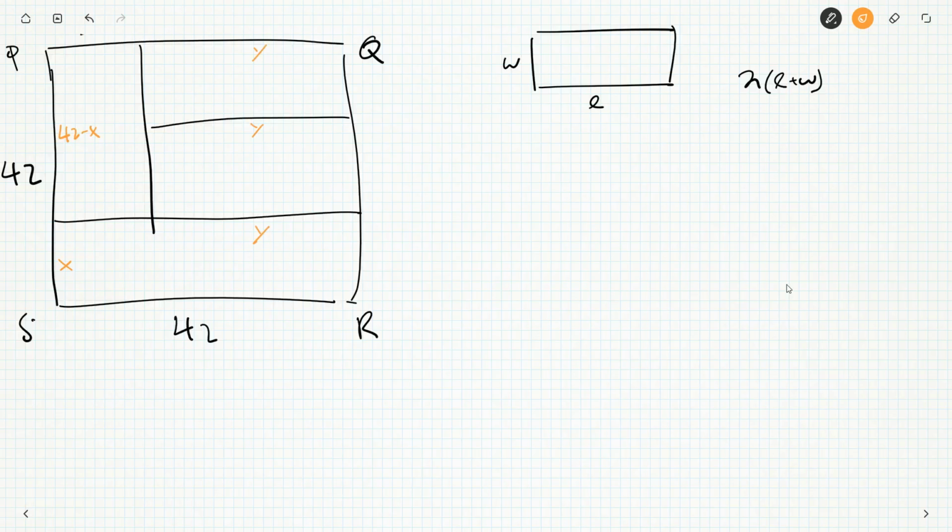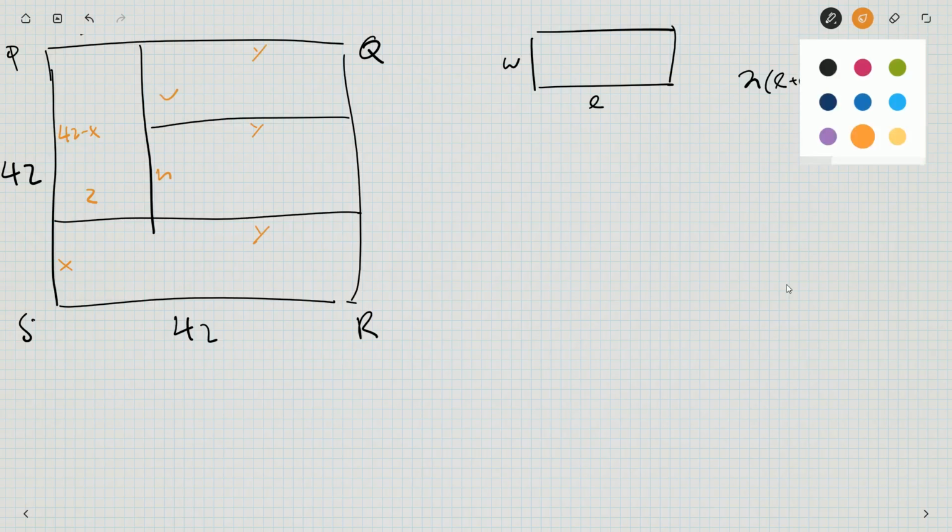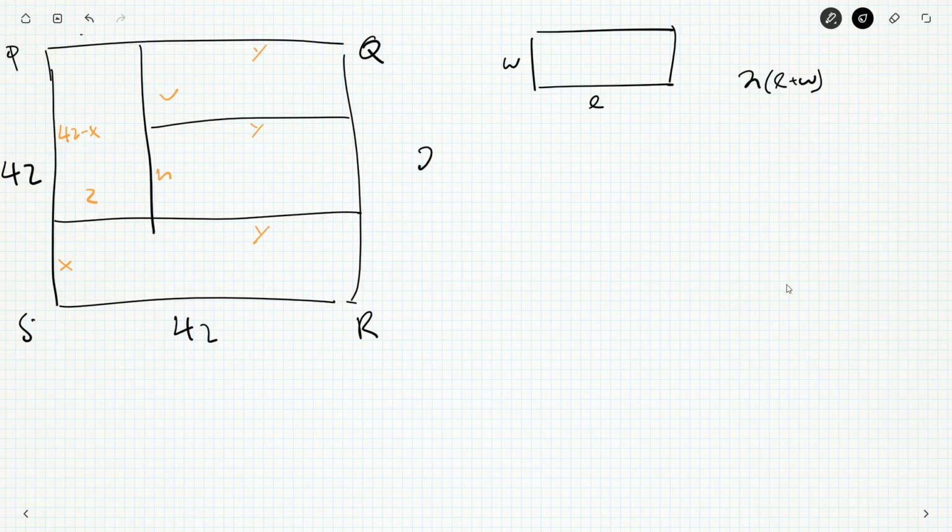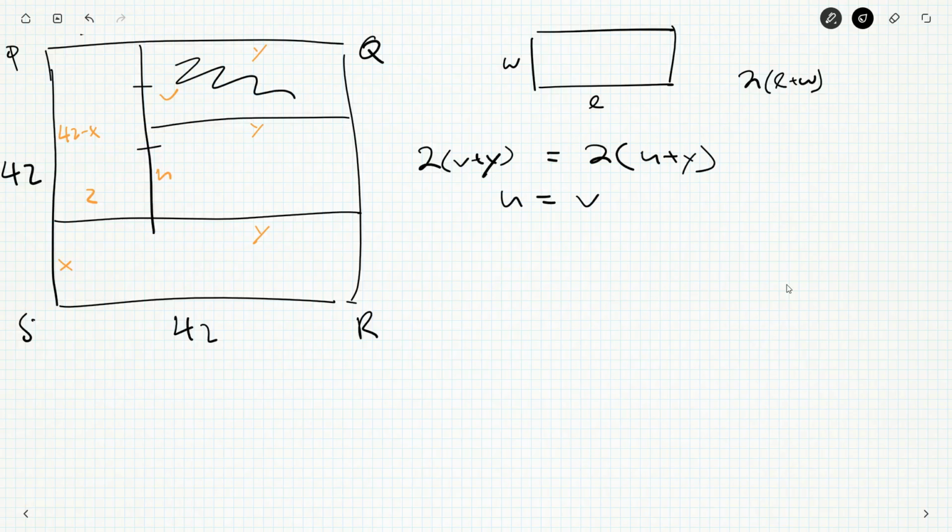And if I were to call this, I don't know, u and v and z, one thing I can notice right away is that 2v plus y, that's the perimeter of this one up here, the shaded one, but that's got to be equal to the perimeter of the one just below it. So that's 2u plus y, and long story short, u and v are equal to each other. So they're both going to have to be (42 minus x) over 2.